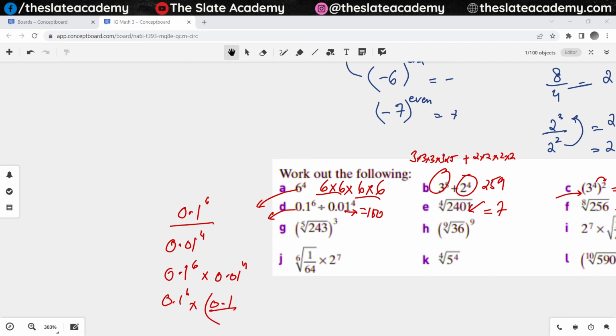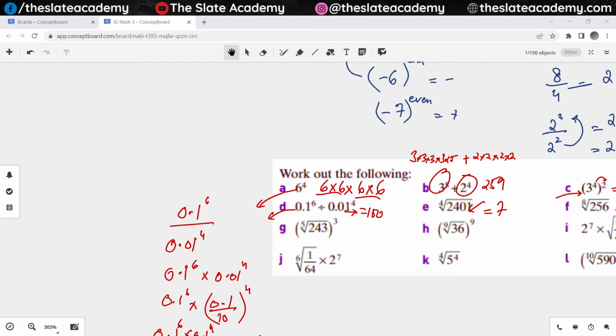0.1 over 10 to the power 4, right? So that gives you 0.1 to the power 10 divided by 10 to the power 4. 0.1 to the power 6 will multiply by 0.1 to the power 4 over 10 to the power 4.